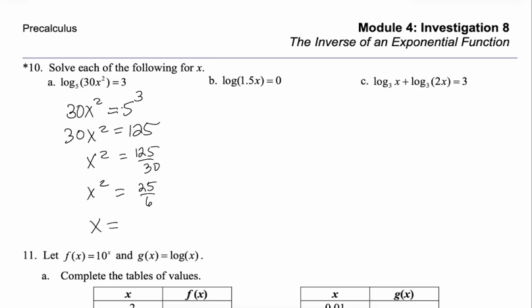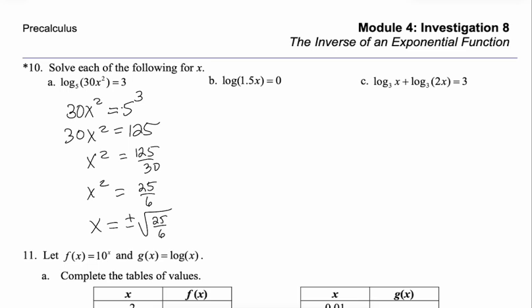And so x would be plus or minus the square root of 25 over 6. Now, yes, we should probably rationalize and make that prettier, but that's not my concern at this point. Let's just leave it, okay? If you were trying to solve that in iMath, probably you wanted to put the positive square root of 25 over 6 in parentheses, comma, the negative square root of 25 over 6. Make sure the whole fraction is in your square root.